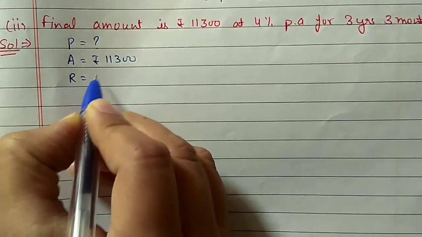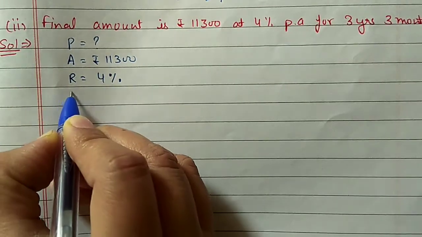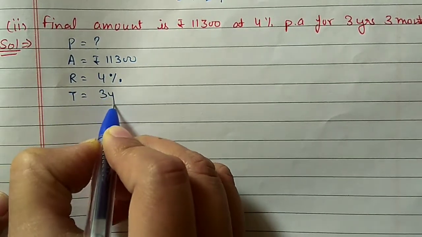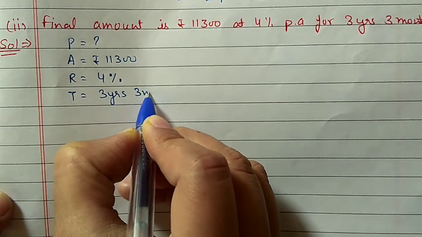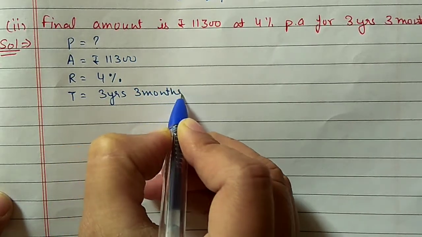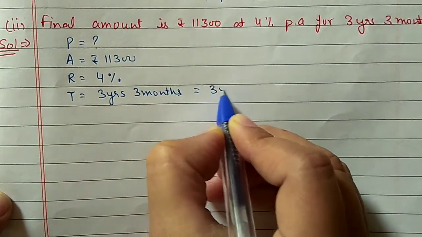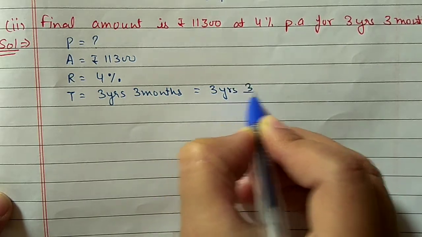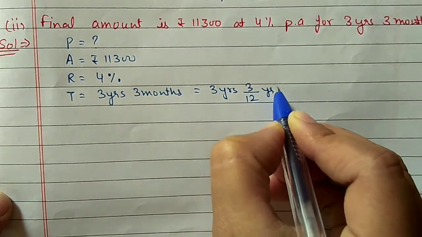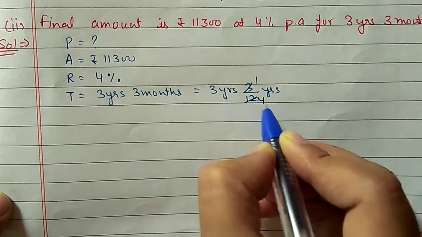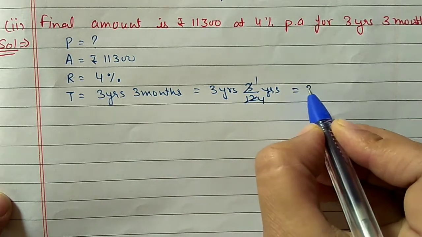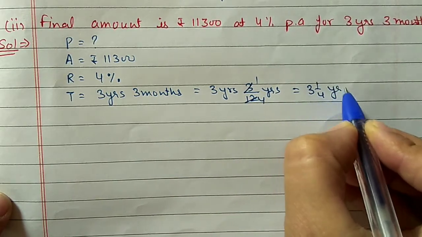Rate of interest is given 4% and time is given 3 years 3 months. So these 3 months we have to change into years, so we will divide by 12 and cancel out, getting 1/4.